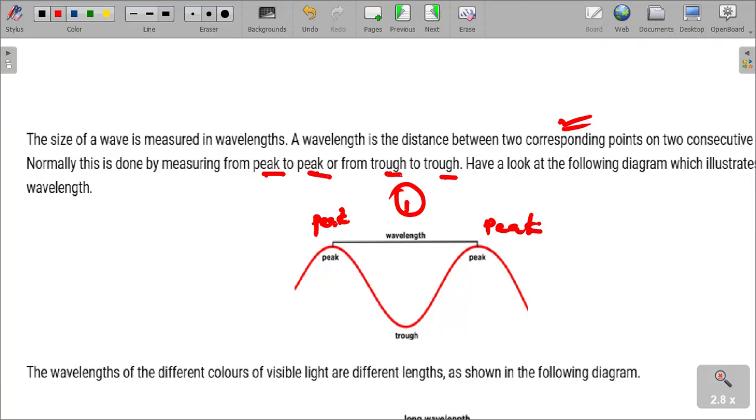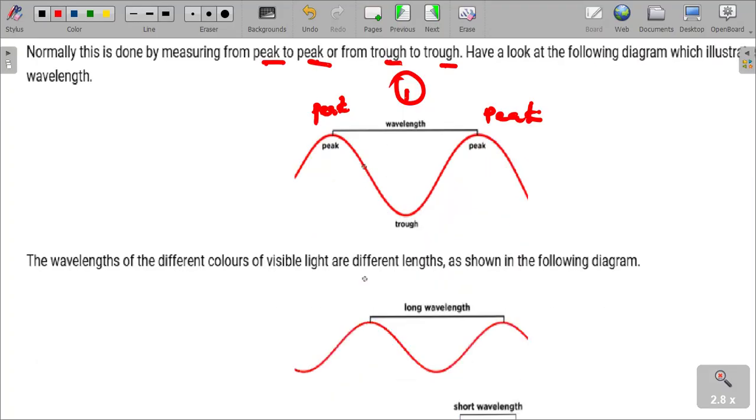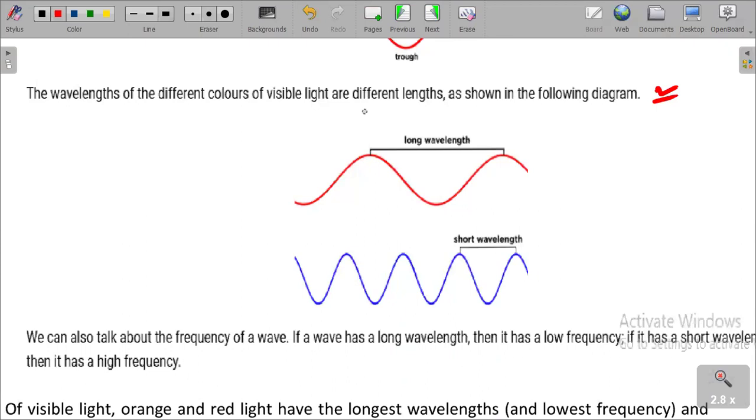The wavelengths of different colors of visible light are different lengths, as shown in the following diagrams. Different colors of visible light have different wavelengths.